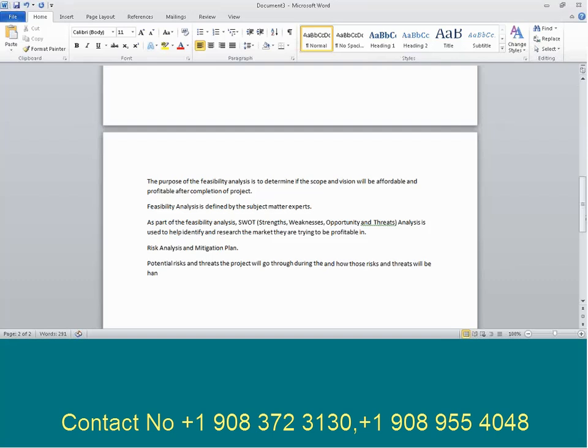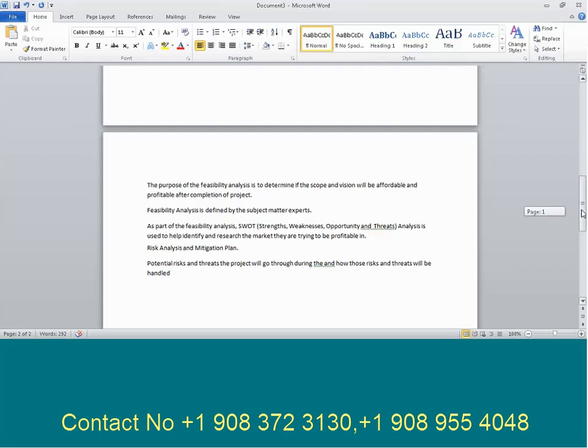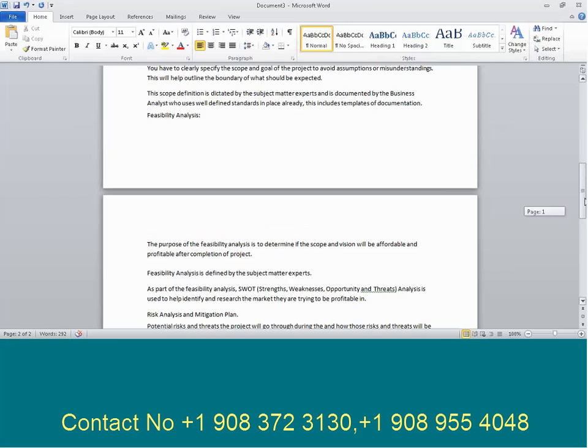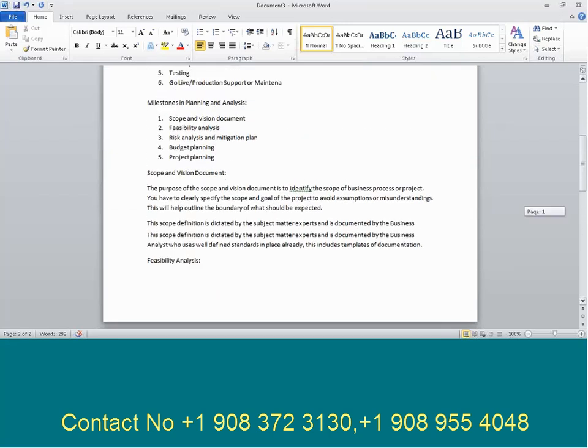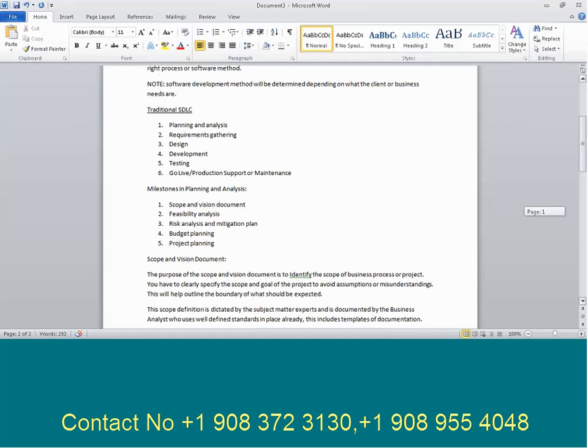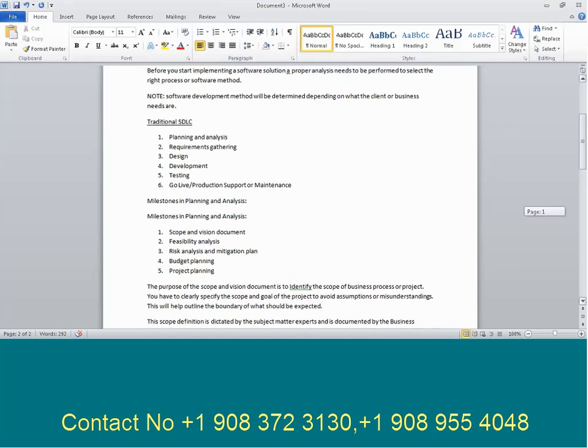What is the mitigation plan? How do I mitigate and minimize? Of course, I may not be able to eliminate the risk, but I should have a plan with which I should be able to mitigate, or probably overcome the challenge. So all that documentation is done. Again, analysis and documentation is performed by the subject matter experts.